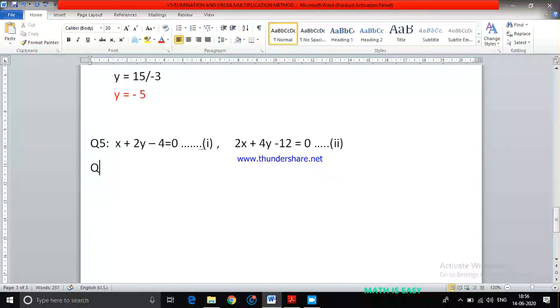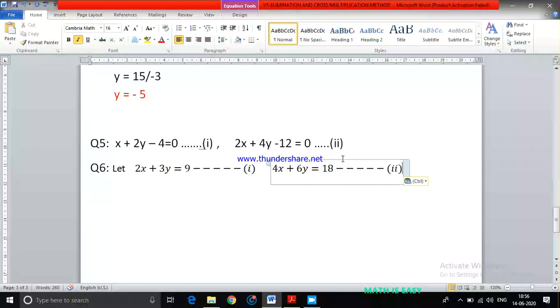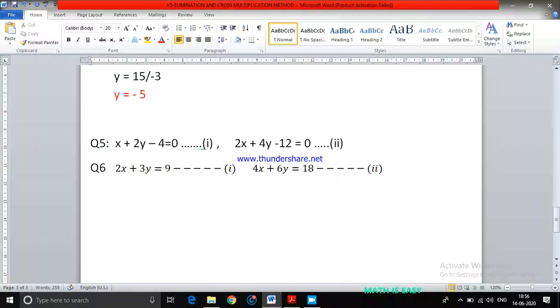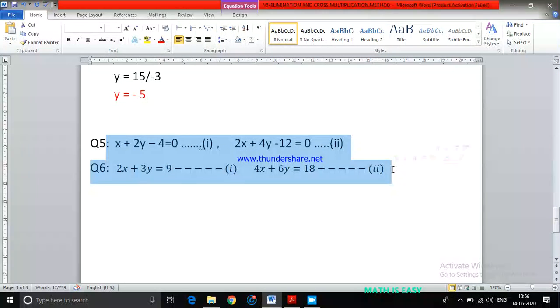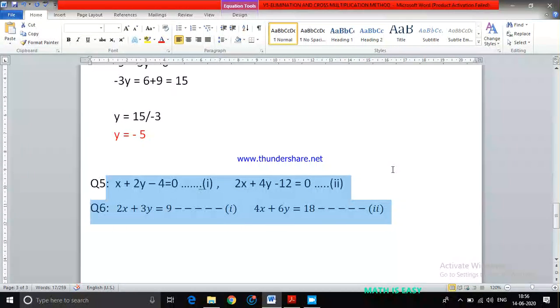We are seeing this because if in the exam I suddenly ask you to solve such a question with the elimination method, you should not get confused about what type of answers are going to come. So these two questions are homework. You solve both questions with the elimination method, and let me know what conclusions you get.